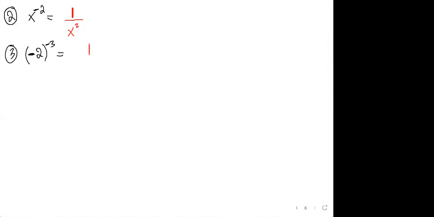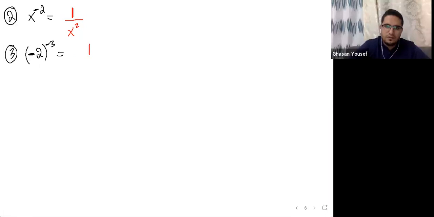So this is equal to 1 over (-2) to the power 3 positive. And this is equal to 1 over -2 times -2 times -2.